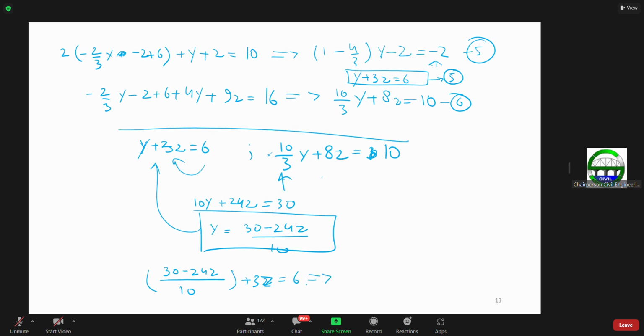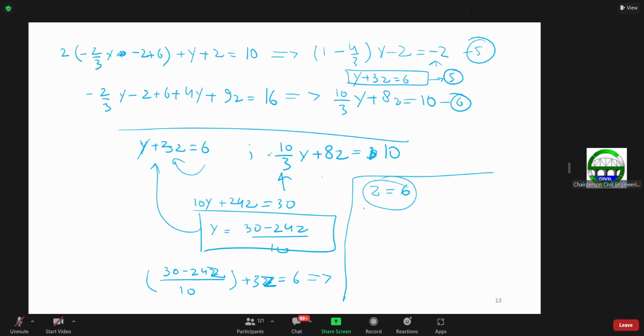And then from here, if you try to solve it further, you will see you only have z in here now, right? So simplify it and solve it, then this value of z will be equal to 6.